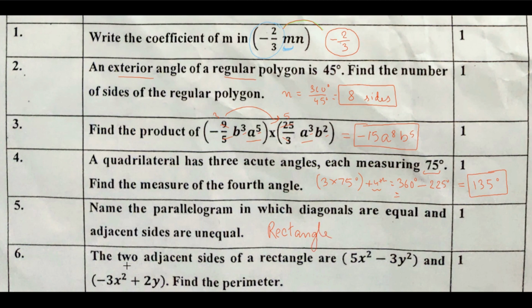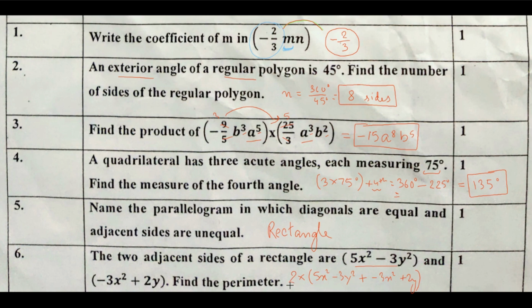And looking at the last question of 1 mark, the 2 adjacent sides of a rectangle are this and this. Find the perimeter. So if the adjacent sides, that is length and breadth, are known, what we do is simply 2 times the sum of both. So I'll write down 5x square minus 3y square added to this, which is minus 3x square plus 2y.